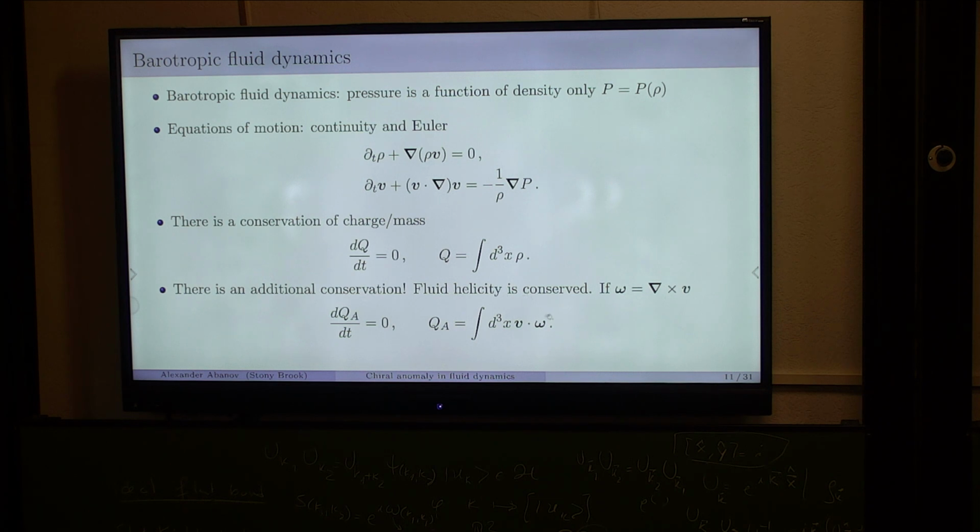If you consider velocity multiplied by the curl of velocity, which is known as vorticity, and integrate over three-dimensional space, then this quantity is again conserved by these equations. So there is some emergent conservation law. And the question is, is there any mixed anomaly between the corresponding symmetries for these conservation laws?